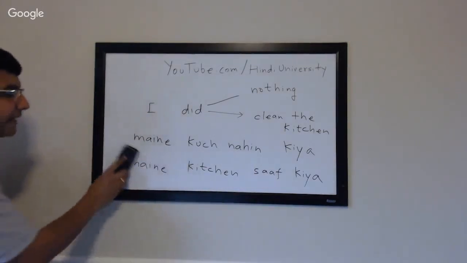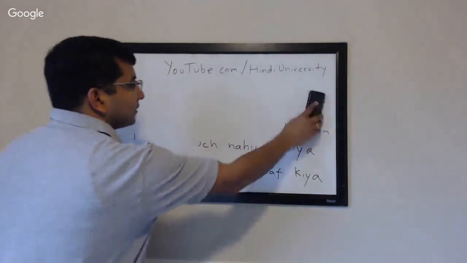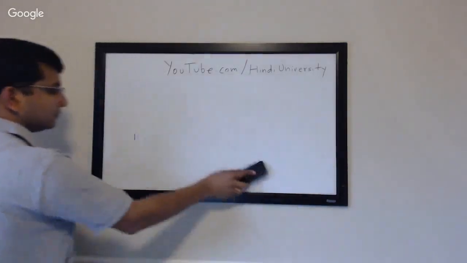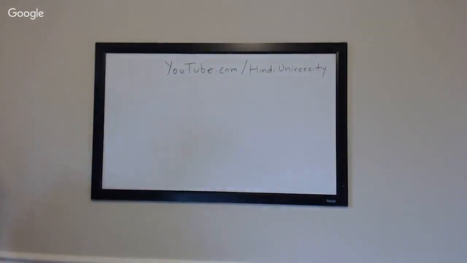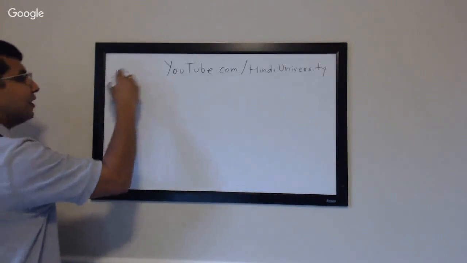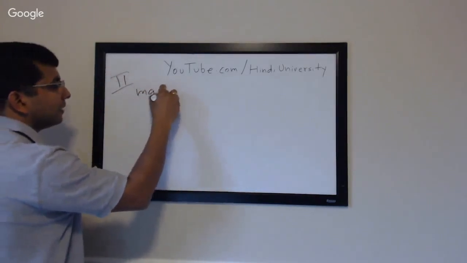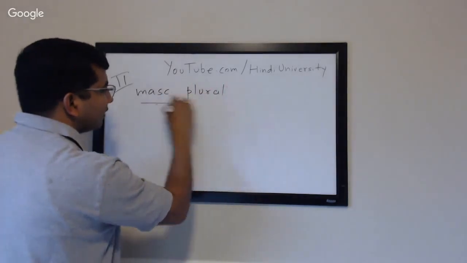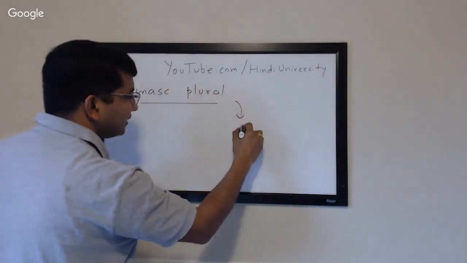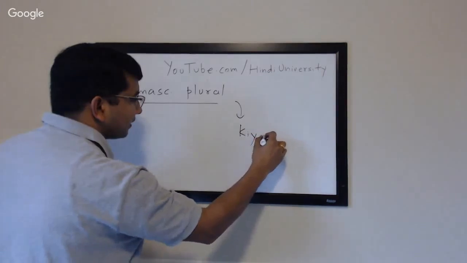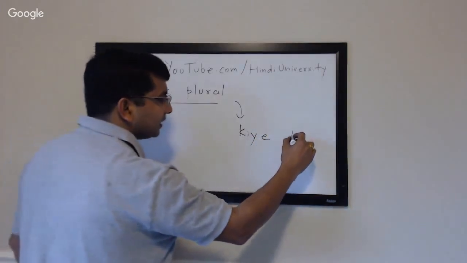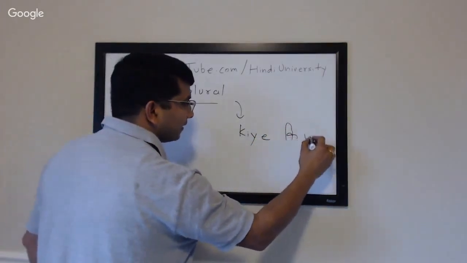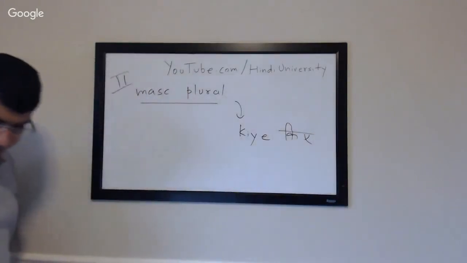Now we'll do masculine plural. Now we'll do the objects which are masculine plural, and as you know, the form of kia would be kiye. It's basically ki and then a, kiye.